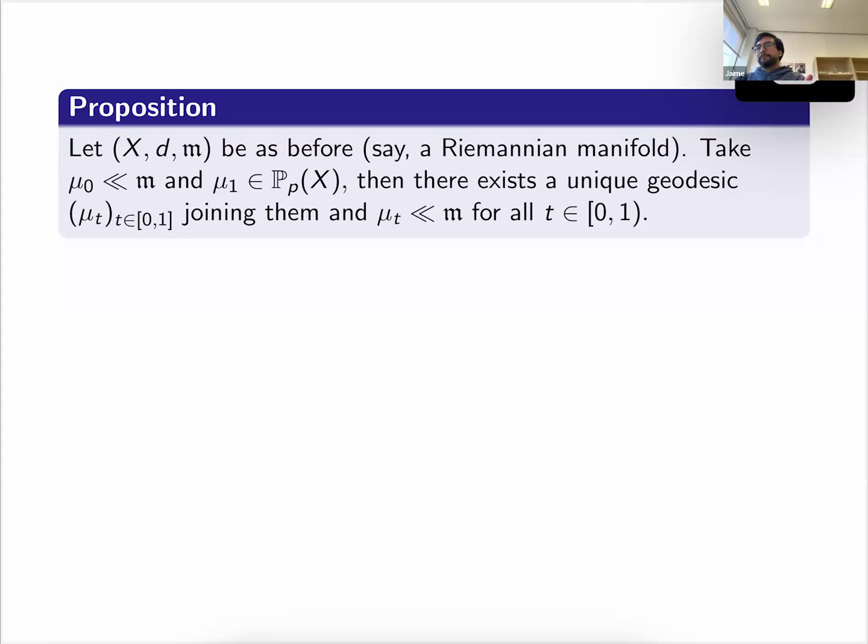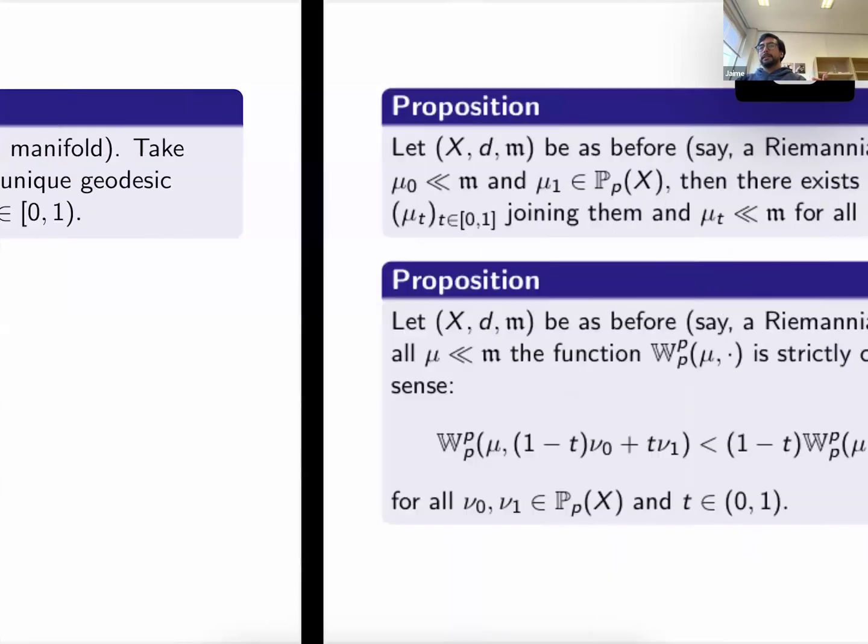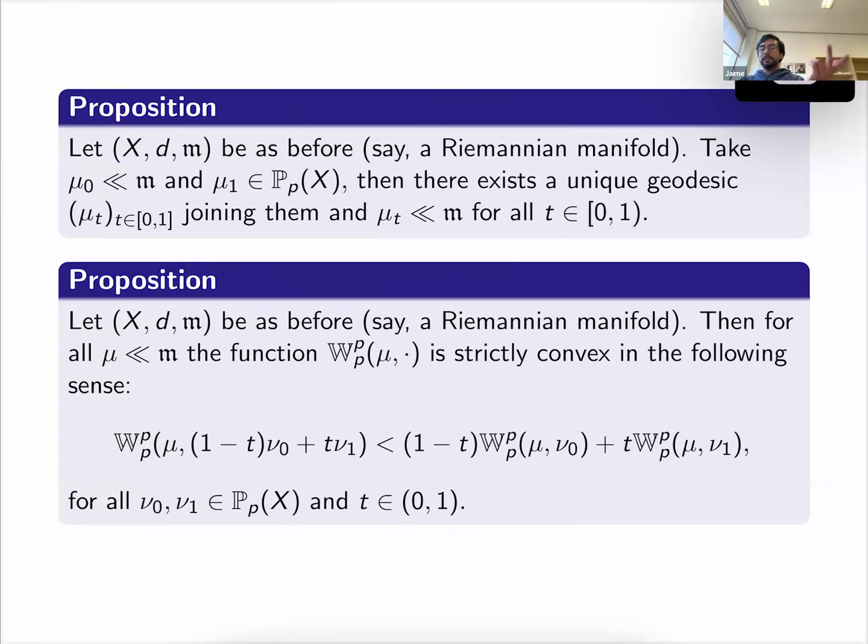absolutely continuous measures. The second thing I will need is a property of convexity of the distance function, which is the following. Take, say, a Riemannian manifold, and mu an absolutely continuous measure. Then the function that is the p power of the distance from mu is strictly convex in the following sense.